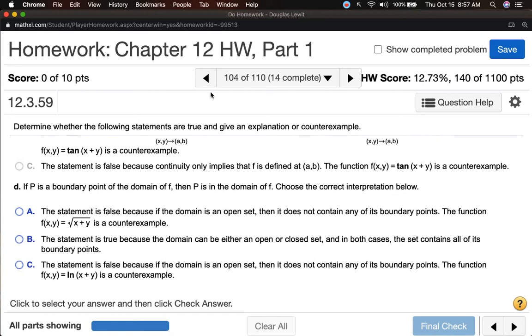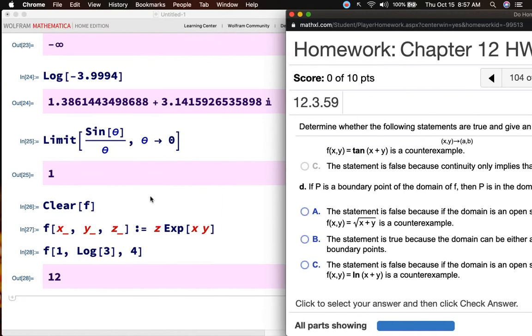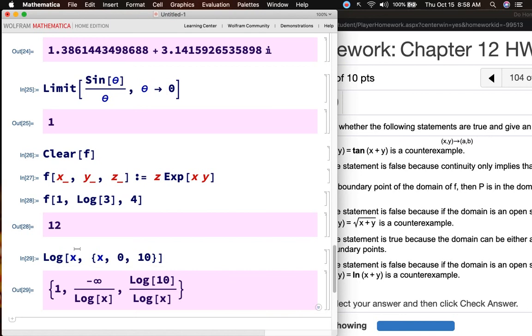The natural log function. Let me move over to Mathematica for one moment. Plot the log of x as x goes from 0 to 10.